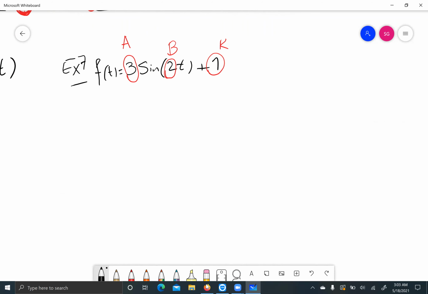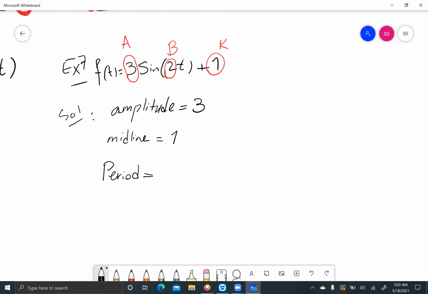So what is the stretch? The stretch is 3, so amplitude is going to be 3. What is the midline? It's going to be 1. What is the period?